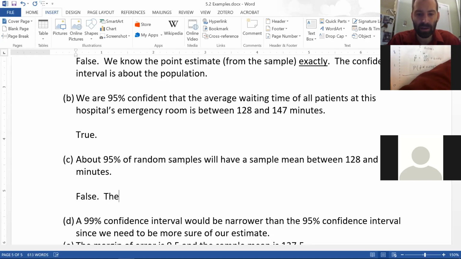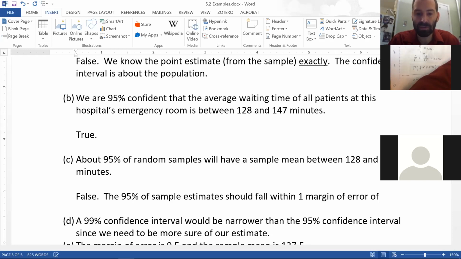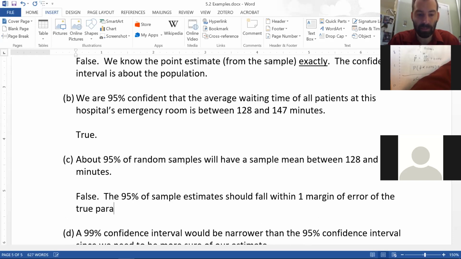The 95% of sample estimates should fall within one margin of error, whatever that is, of the true parameter, whatever we're measuring here.